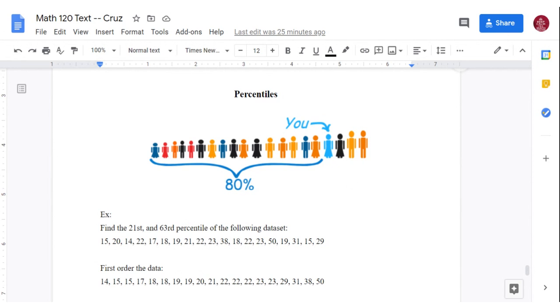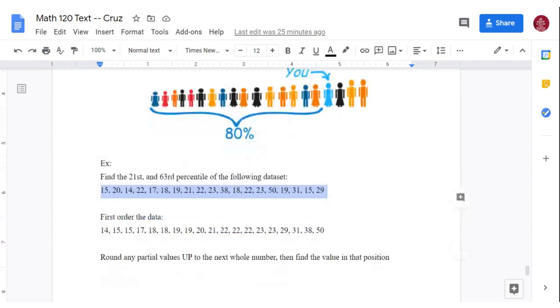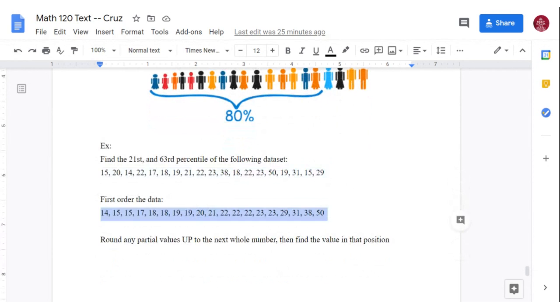That also means then up here is 20%. These other ones would be the 20% because it's essentially the complement rule that they have to add up to 100 or 1 or 100%. All right, so we want to find two things. We want to find the 21st percentile and the 63rd percentile.